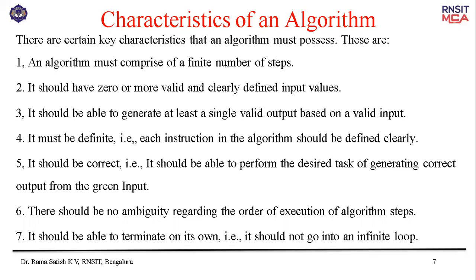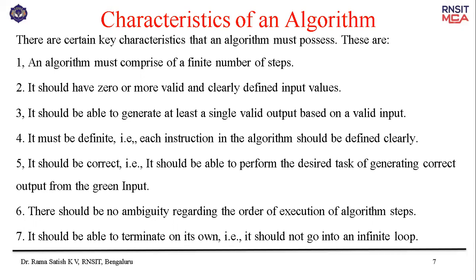Fifth point, it should be correct. That is, it should be able to perform the desired task of generating correct output from the given input. So from your given input, it should give the correct output. So the algorithm should be accurate enough.